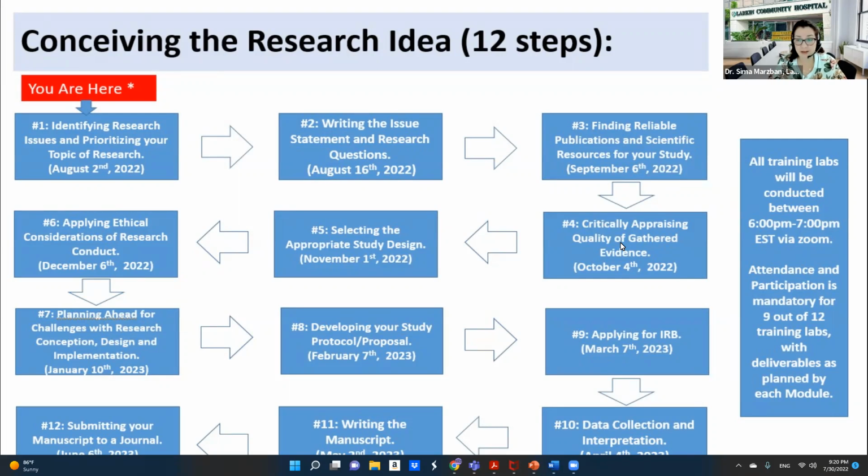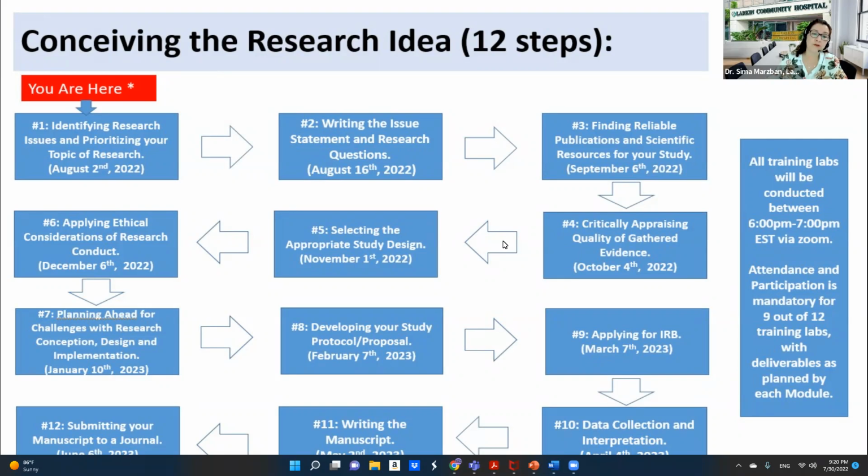The fourth module would be on critically appraising the quality of gathered evidence. If you want to answer a question about your patient, about the case that you're working on, or you want to include a study in your research project, how do you find a reliable article and appraise its quality?